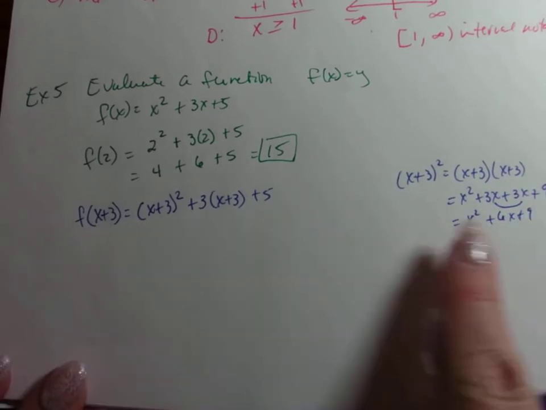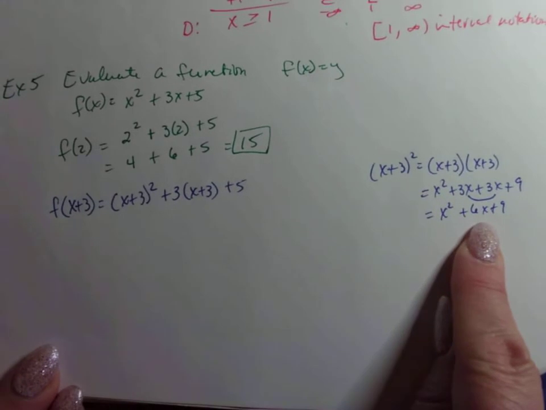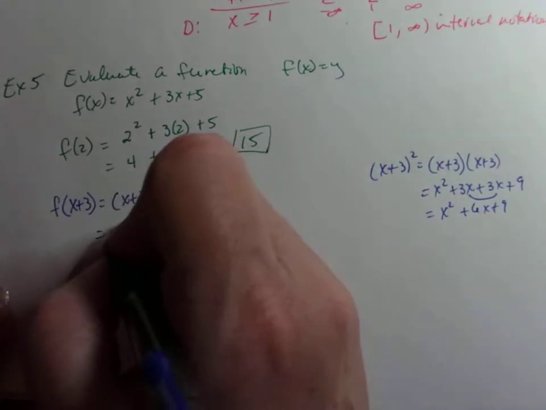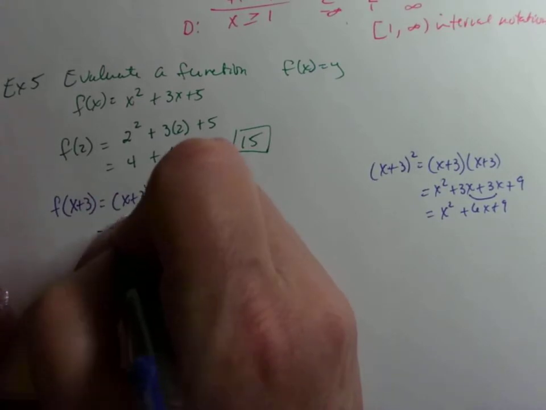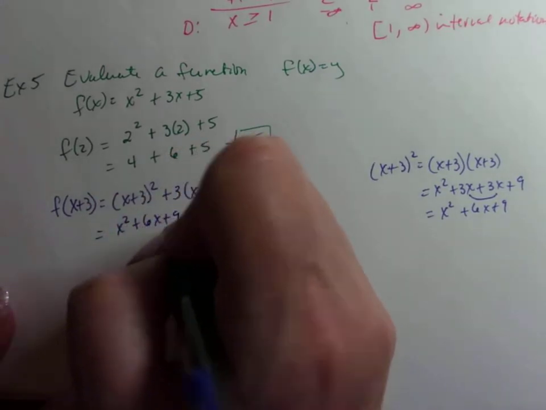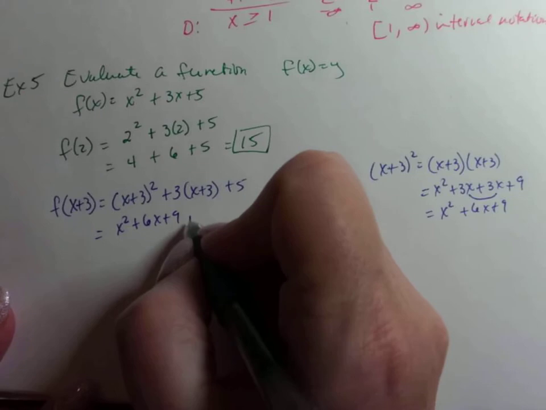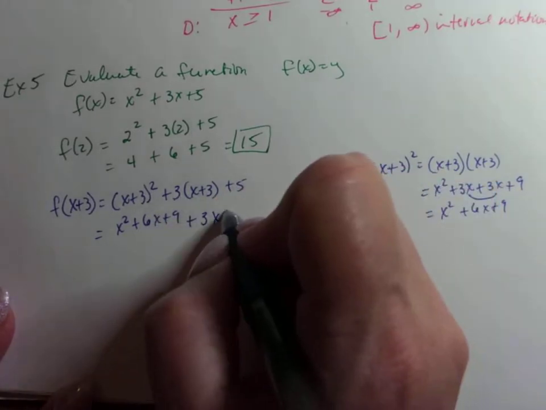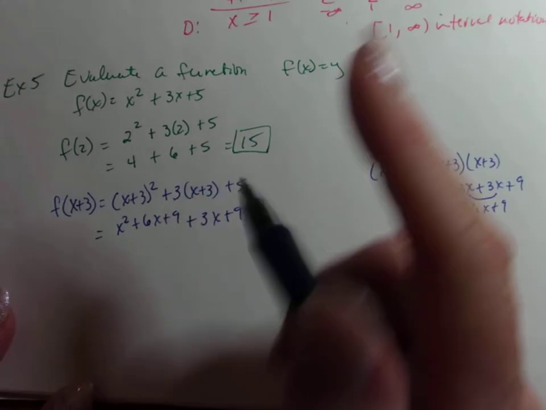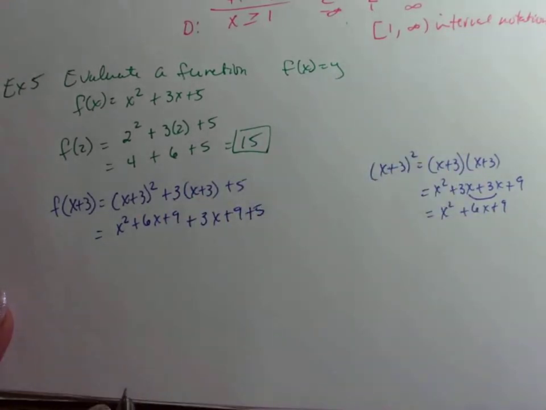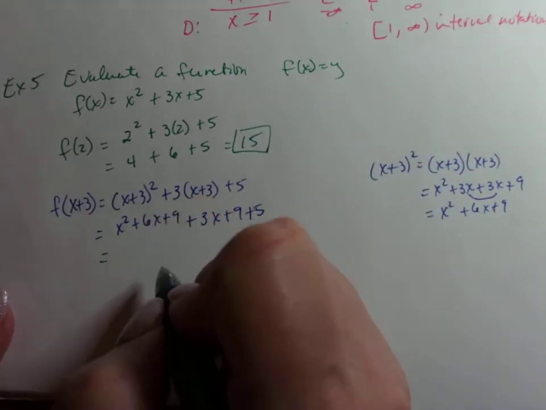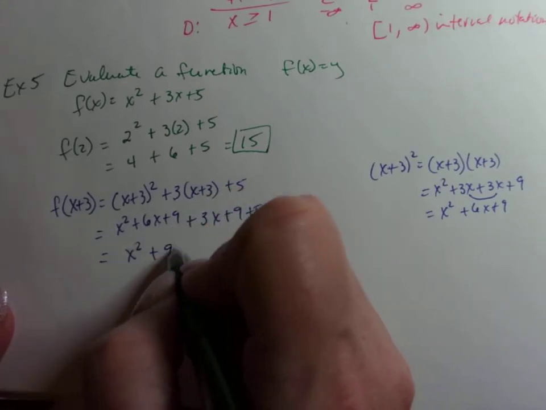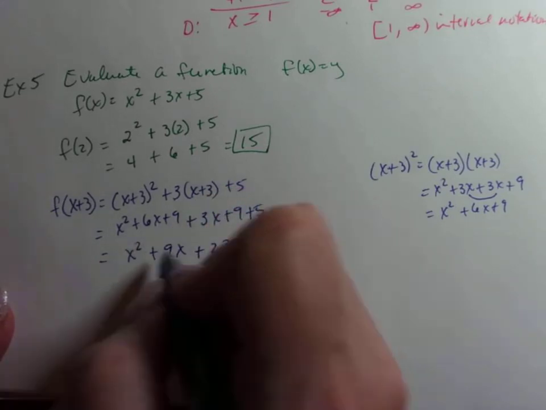I usually like to pull that out and do it over here so that this doesn't become so messy. But you can do it all in here if you want to. So now we have x squared plus 6x plus 9 plus 3x plus 9, because I still have to distribute here, and then plus 5. Now we'll combine our like terms, and we end up with x squared plus 9x plus 23.